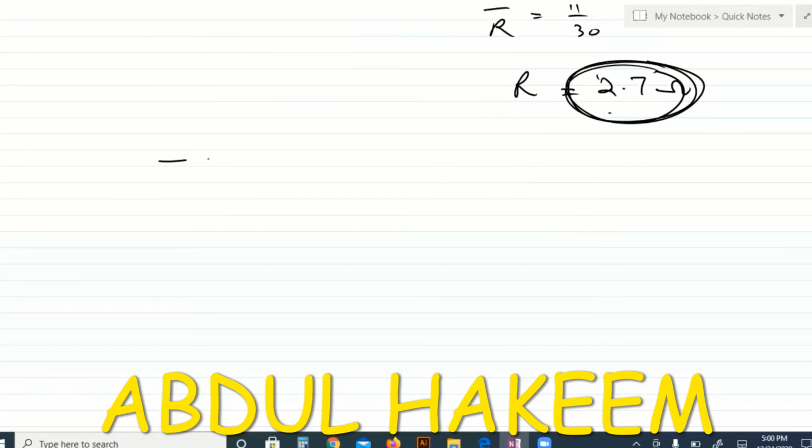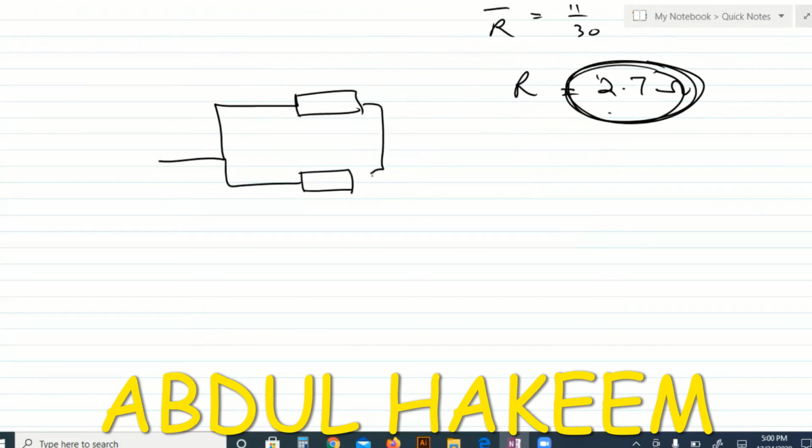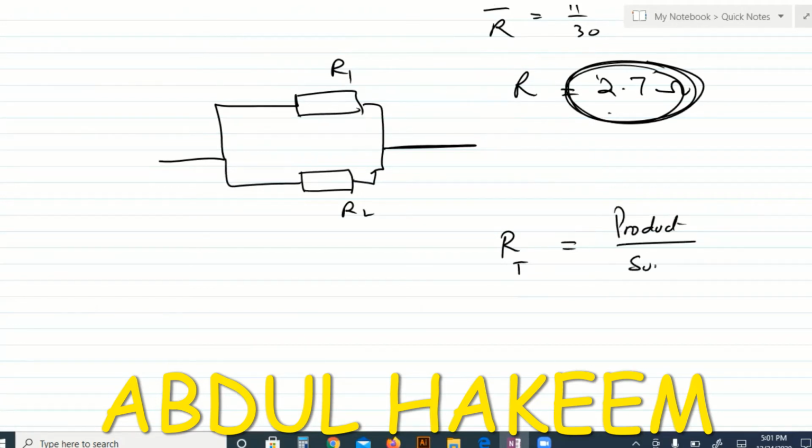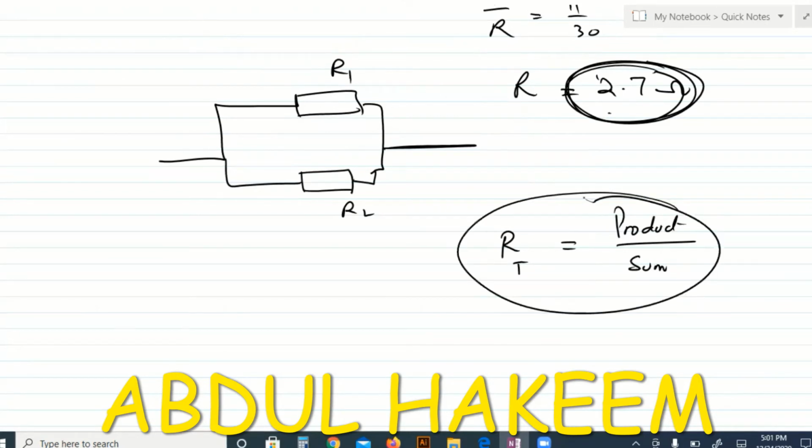But when only two, do remember, I'm saying only two resistors R1, R2 are connected, then we can write a formula, the total resistance is the product of two resistors divided by the sum of the two resistors. This is valid only for two resistors in parallel, not for 3, not for 4.